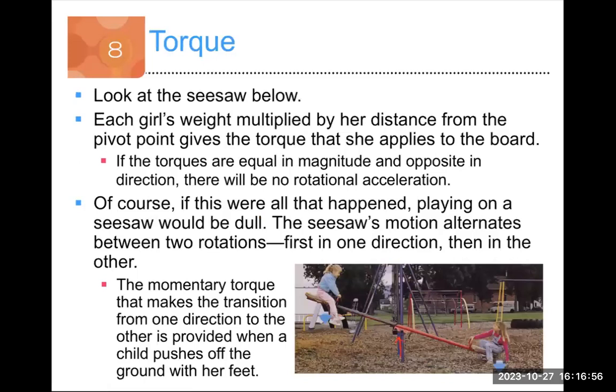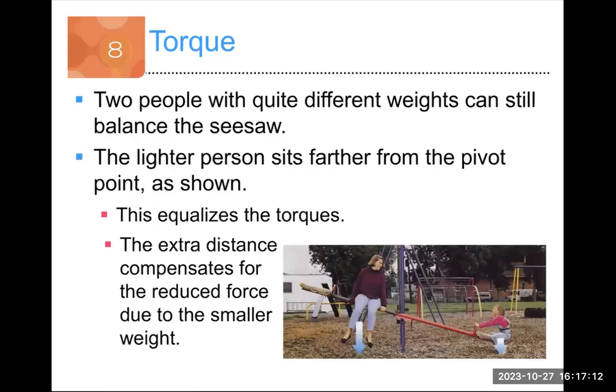And then it wouldn't be any fun playing on a seesaw, because you're alternating between rotation: first one goes up, then the other one goes down, and so forth. Two people with different weights can still balance the seesaw. It all depends upon where they're located from that pivot point. And depending on where they're located, your torques could be equalized.